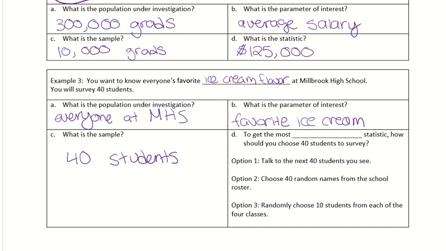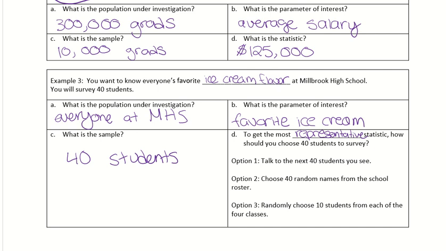So, to get the most representative statistic, how could we choose 40 students to survey? You could talk to the next 40 students you see. You could choose 40 random names from the school roster, or you could randomly choose 10 students from each of the 4 classes.